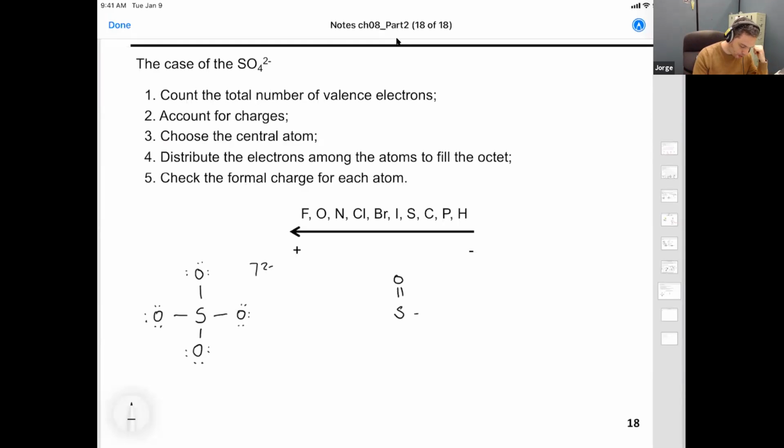One double bond between the sulfur and one of the oxygens. So that's also a possibility. Also, we could have 2 double bonds and 2 single bonds. That's another possibility.